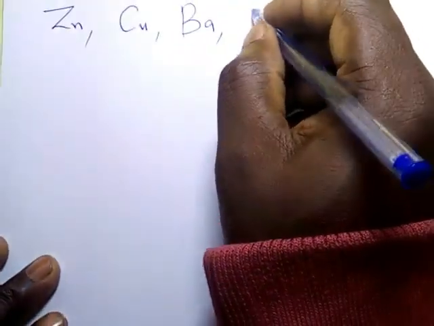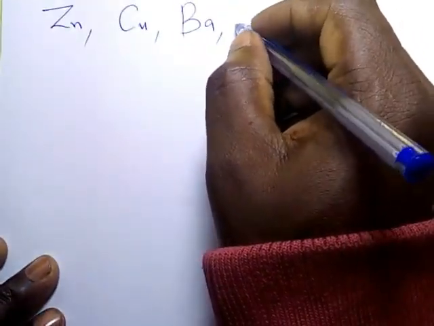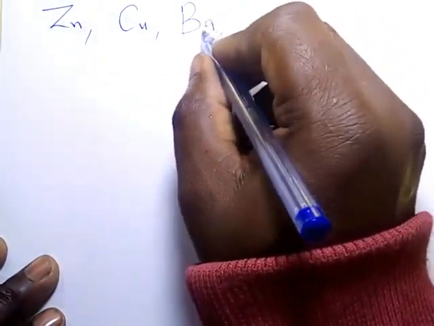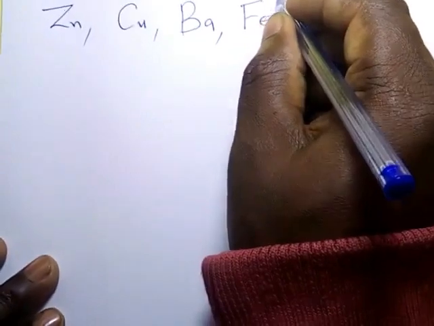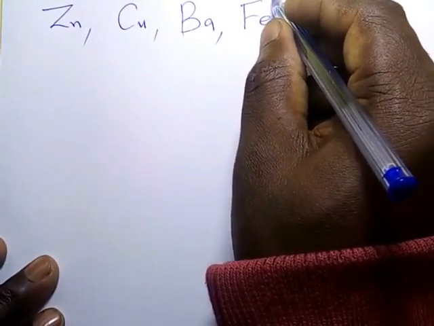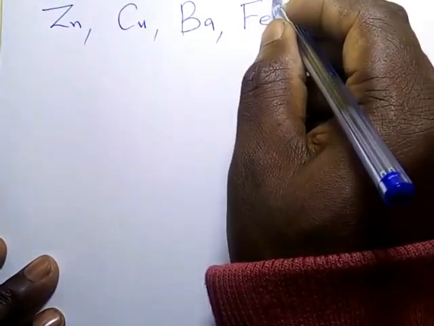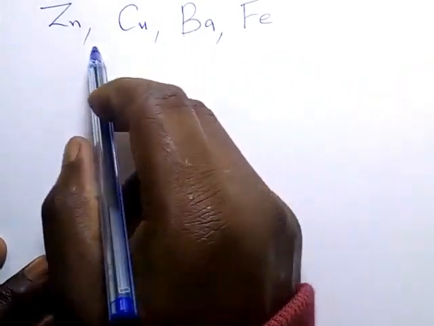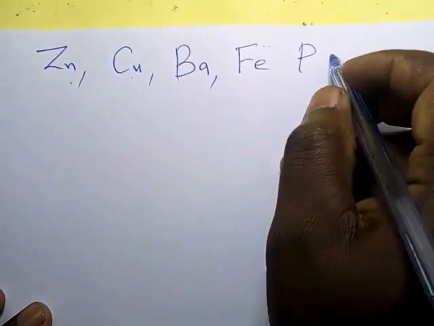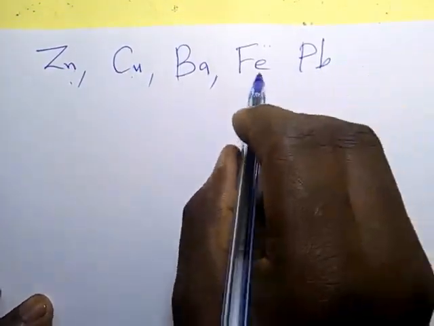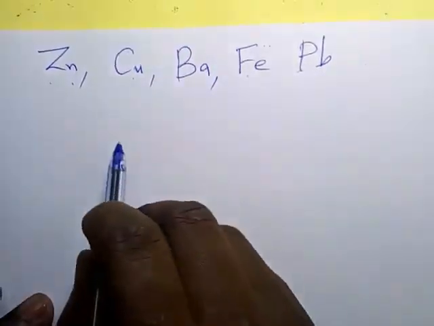Lithium is not majorly used, so I want to debate the ones that are commonly used. Iron, we have iron 2, most compounds have iron 2. Which else? Zinc, copper, lead, very good, lead. So these 1, 2, 3, 4, 5 are commonly used.